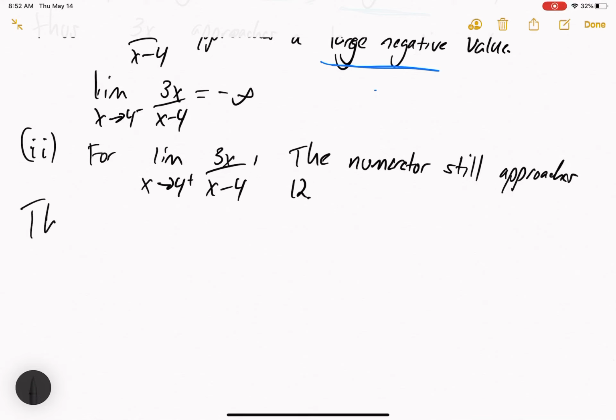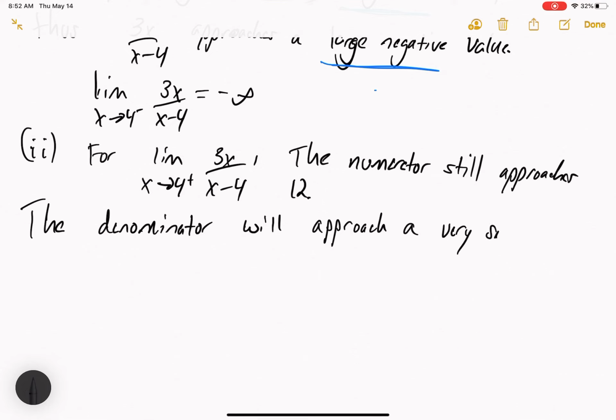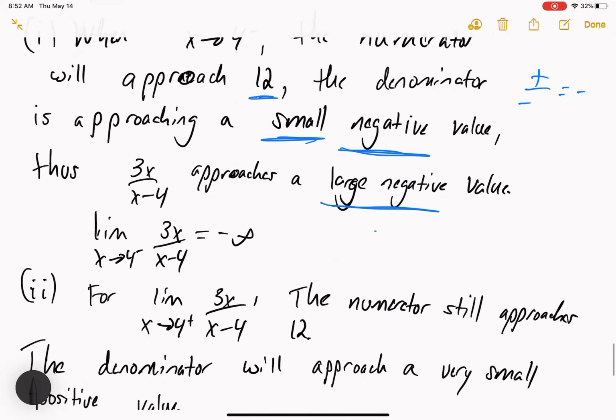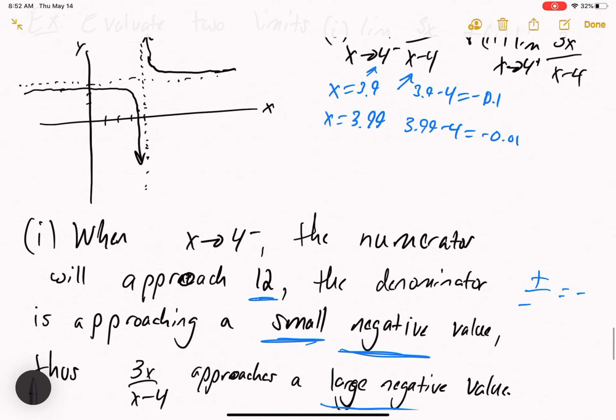So let me write that down. Again, the denominator will be approaching a very small positive value because this time we're letting x be equal to 4.01, 4.0001.